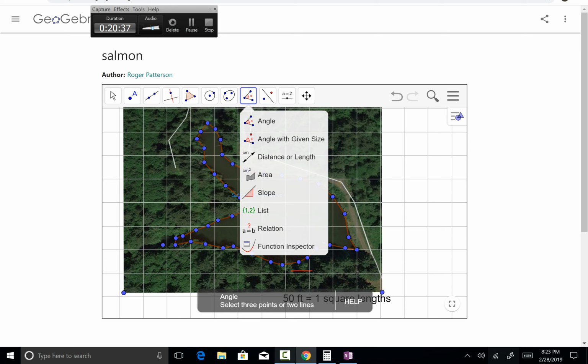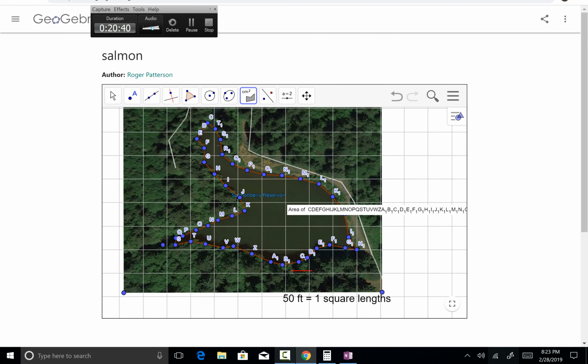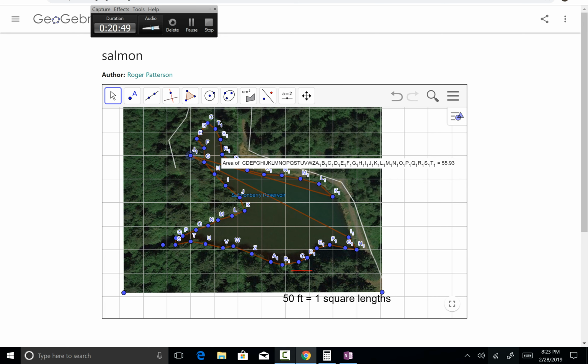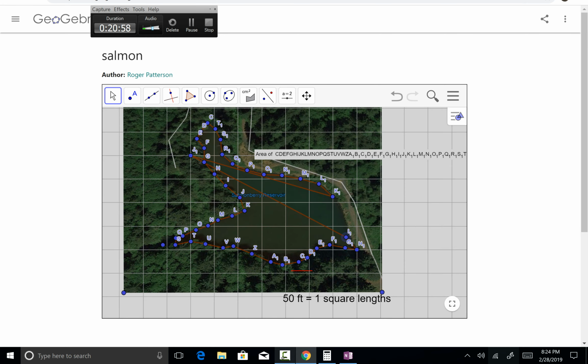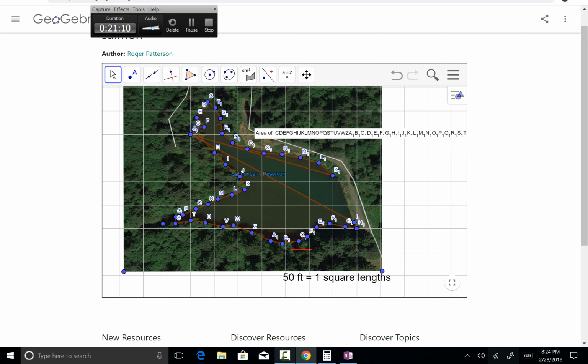Now watch this. We're going to go here, area, tap on that. It says it's 55.93, but something happened when I did that. One of these points got messed up. See, that's why I don't like doing it on the tablet. So you're going to get a different answer, and this thing's messed up. I think it's this J point that got messed up. There we go. Let me move this now.